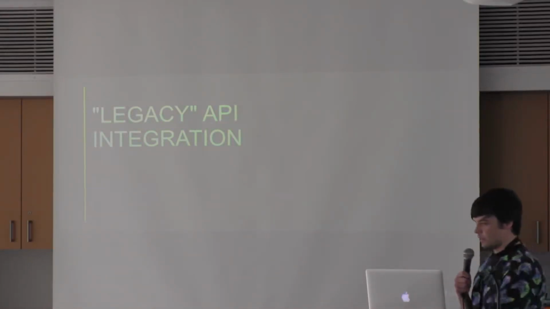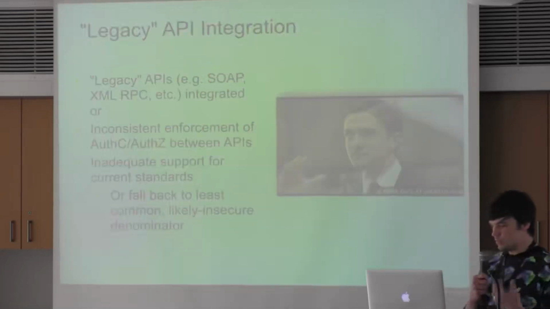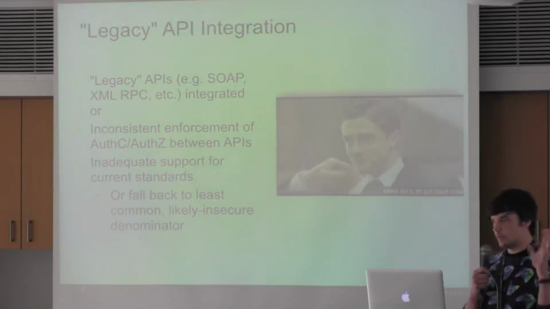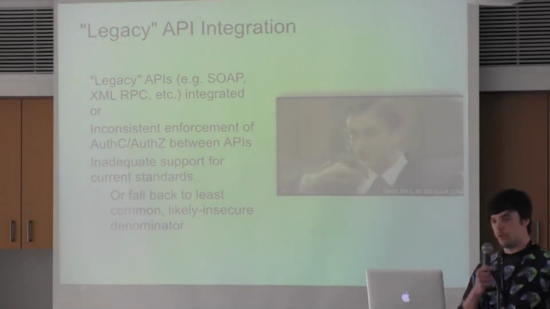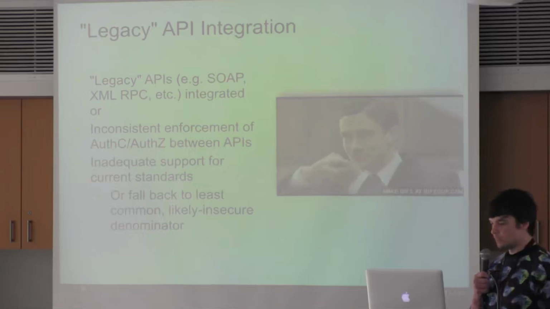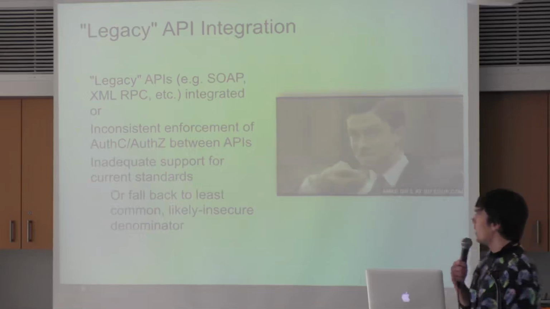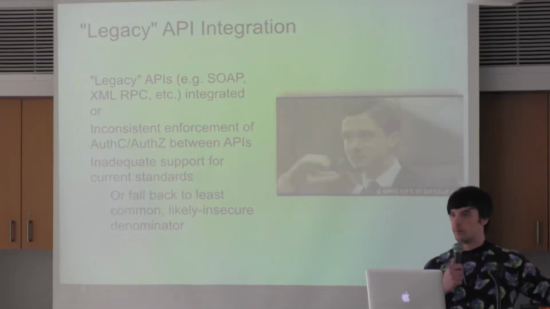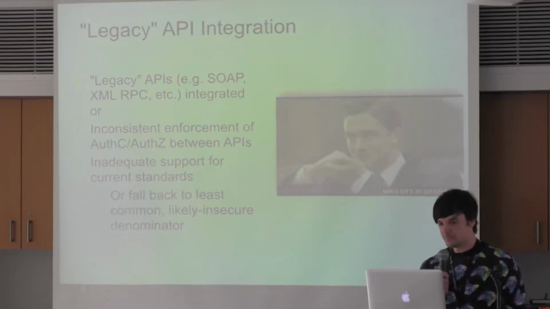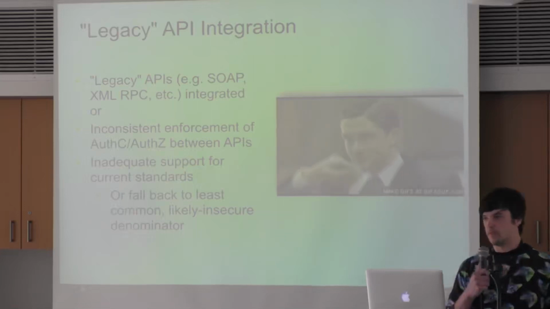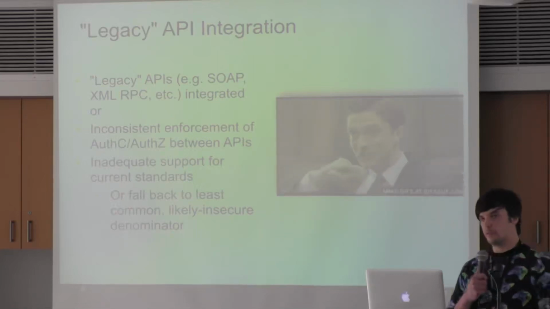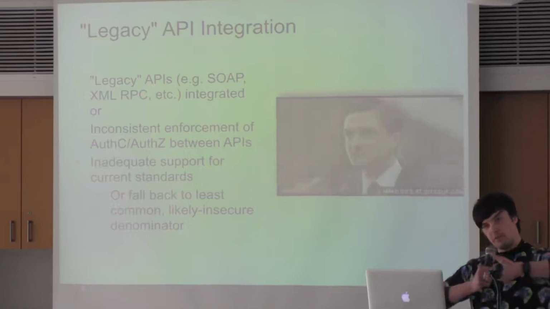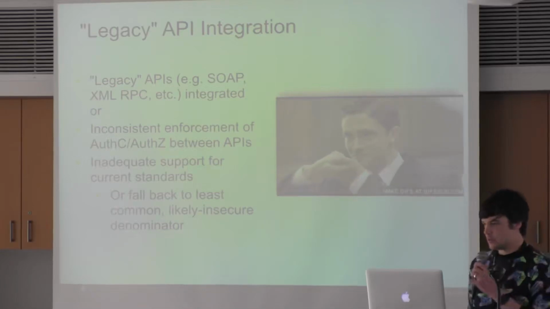So, legacy API integration. This is sort of a loaded term, but think of things like SOAP APIs and XML RPC, not the fancy, shiny Web 2.0 RESTful things. When trying to get these to play nicely with the 2.0 API, the nice RESTful one, oftentimes you might have completely different development teams who worked on the old thing versus the new thing, and then trying to get those to have nice synergy with authorization and authentication mechanisms.